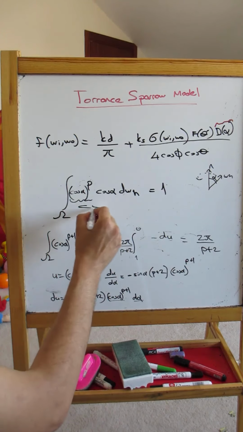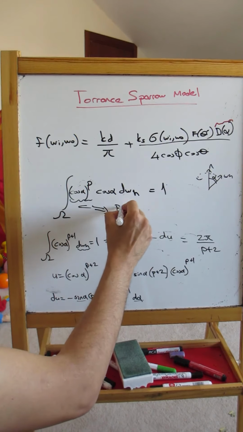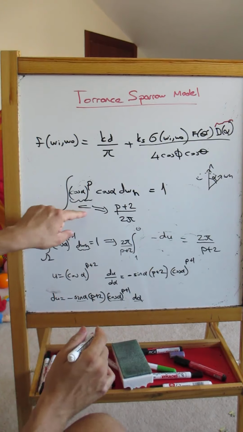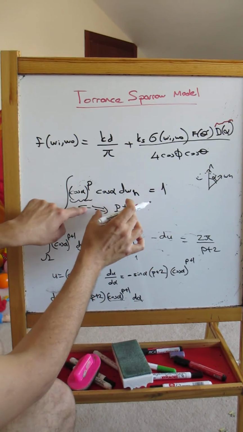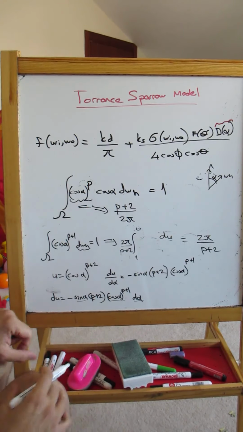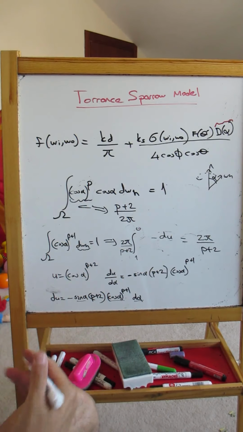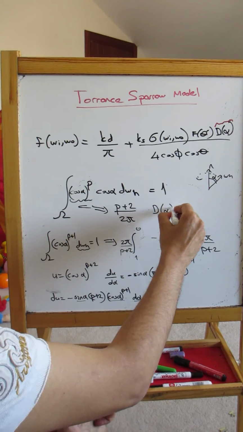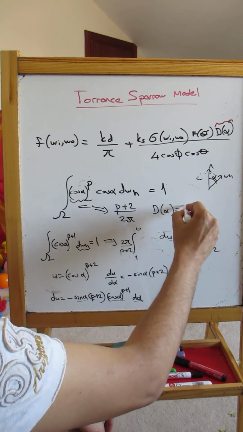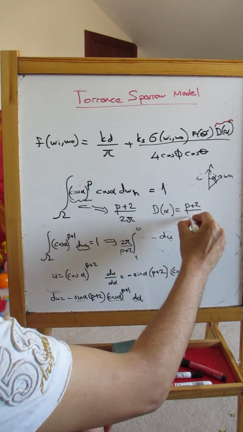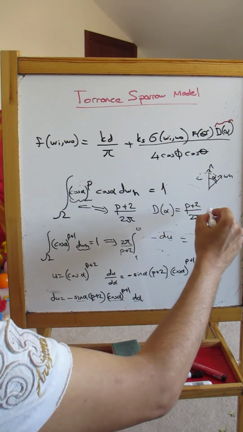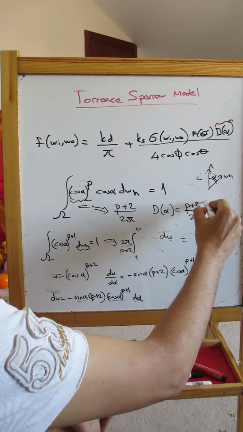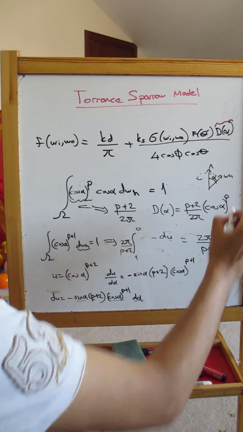And this c should be p plus 2 divided by 2 pi, because if we had a constant like that here, when it gets multiplied, we are going to obtain 1 as a result. So to summarize, the normalized Blinn microfacet distribution is equal to p plus 2 divided by 2 pi, and then cosine alpha to the power of p.